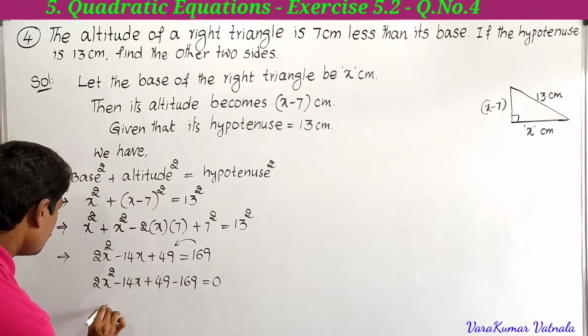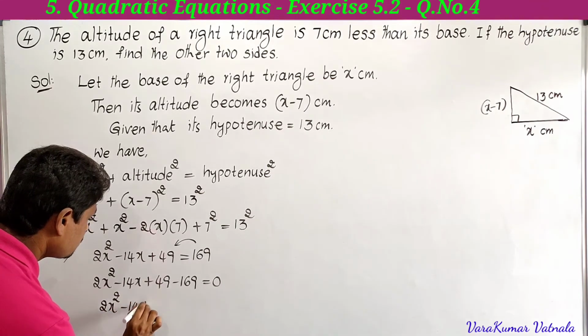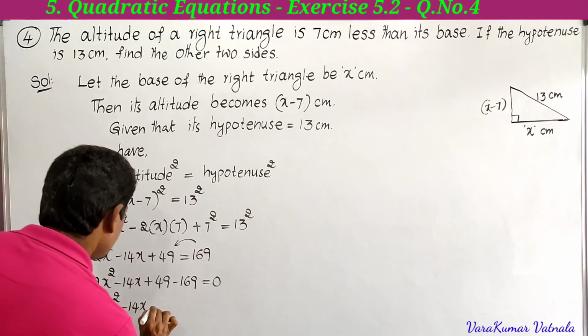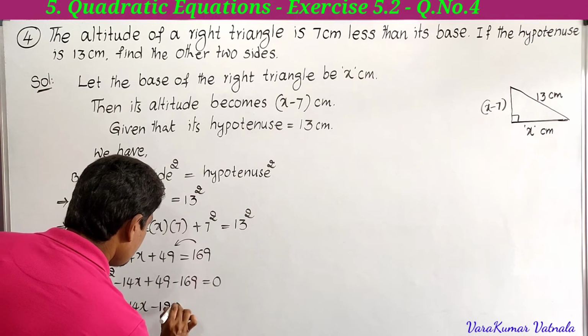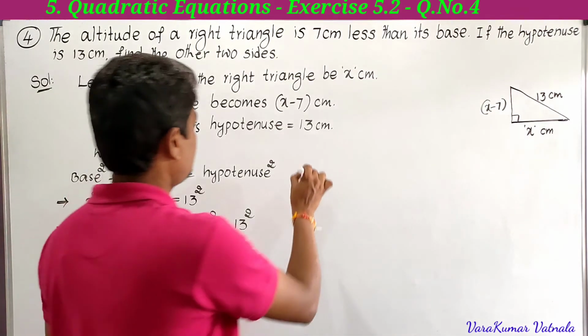So here we get 2x square minus 14x plus 49 minus 169, we get minus 120, equal to 0. So here we can take 2 as common. So what we get finally?